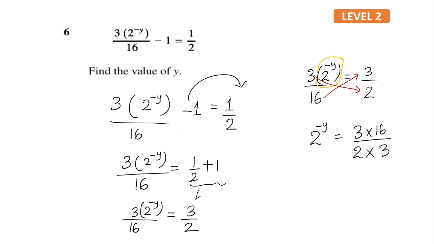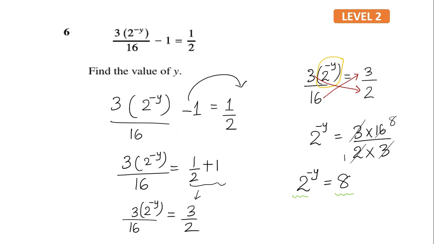So I hope there is no confusion here. 16 goes to the numerator, 3 comes to the denominator. Cancelling the terms, I have 2 to the power minus y simplified to get a value 8. Now if you look at this, you have 2 here and this is 8, which means you cannot equate the powers.